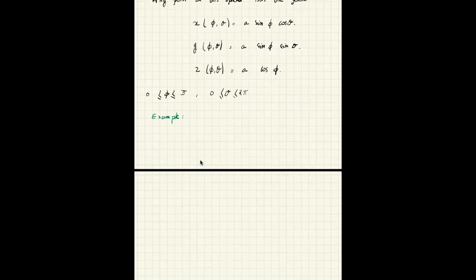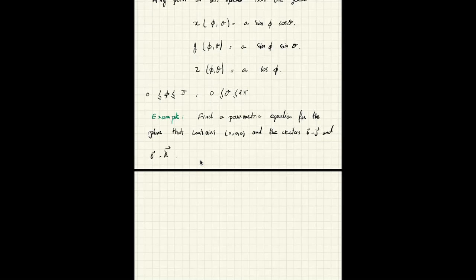So for example, find a parametric description equation for the plane that contains 0, 0, 0, and the vectors i minus j and j minus k, right?